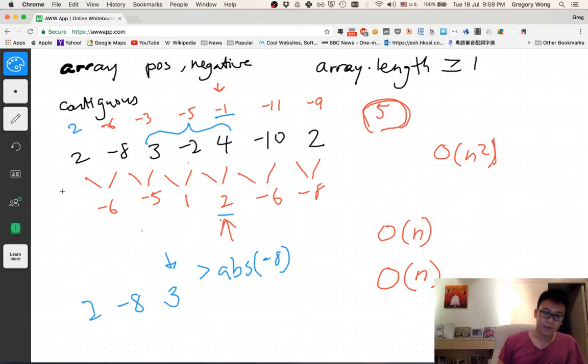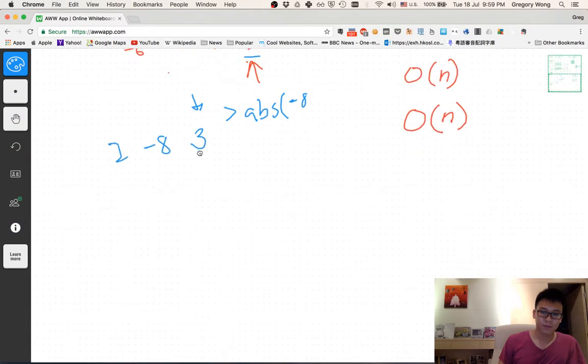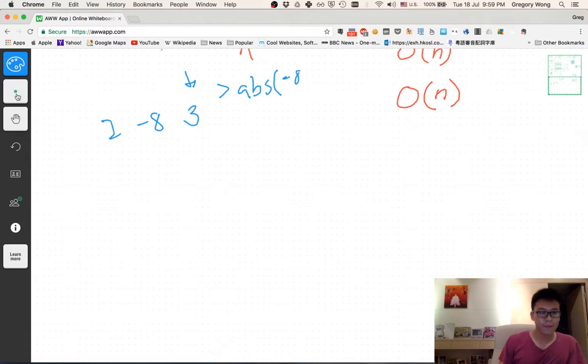Here, let's say I had just three numbers in my list. What is the biggest contiguous sum here? It's 3. So I would look at each number, and so I still can't do it in one pass.